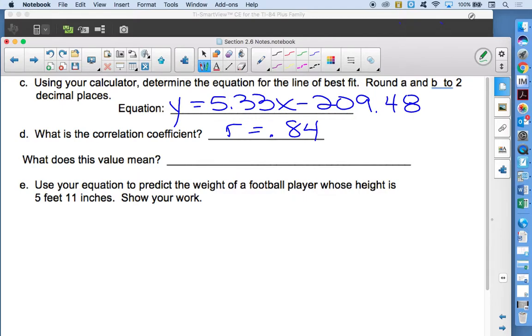Let's see. Is this positive or negative? It would be negative. Oh, never mind. I'm sorry. That's okay. Positive correlation. There we go. So it's a positive correlation.